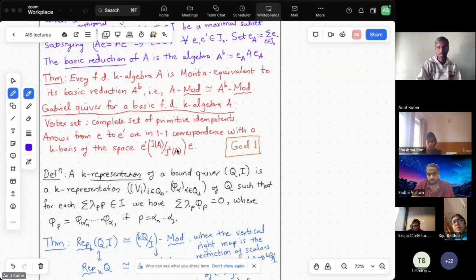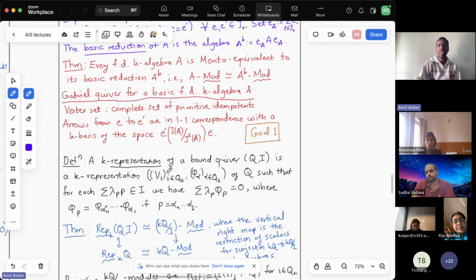So what about the representations of bound quivers? We haven't defined them so far. We only know the concept of representation of a quiver. Well, this is the definition: you take a representation of the quiver, and whenever you have some relation, an element in the ideal, then the corresponding element in the algebra should be 0.